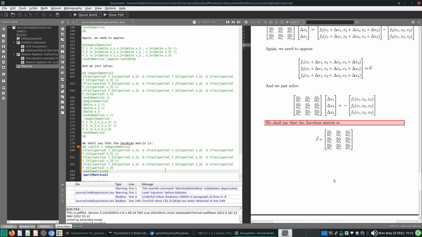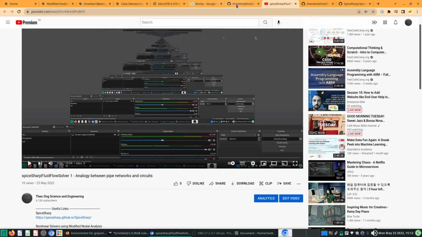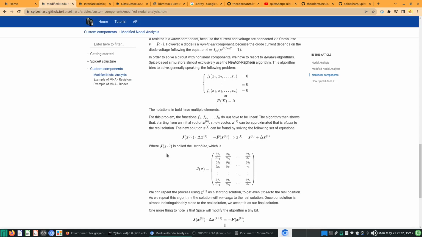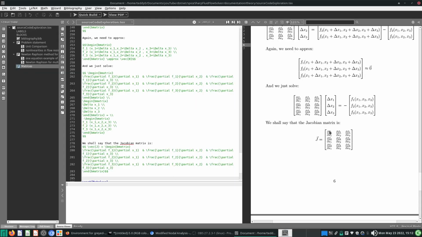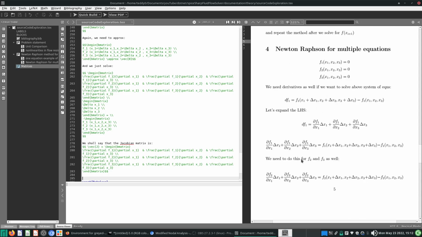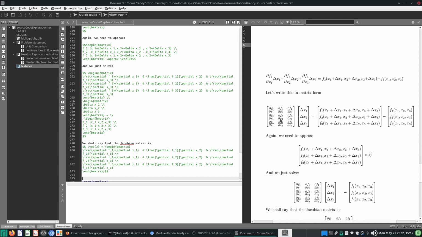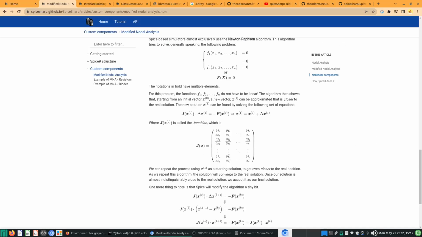Okay, so this is a Jacobian matrix. In modified nodal analysis, we have the Jacobian right here, which is this very complex set of partial derivatives, ordered in this manner. We are just rewriting this very complicated equation into something a bit more palatable, and then we'll just call this thing the Jacobian. That's basically what we are doing.